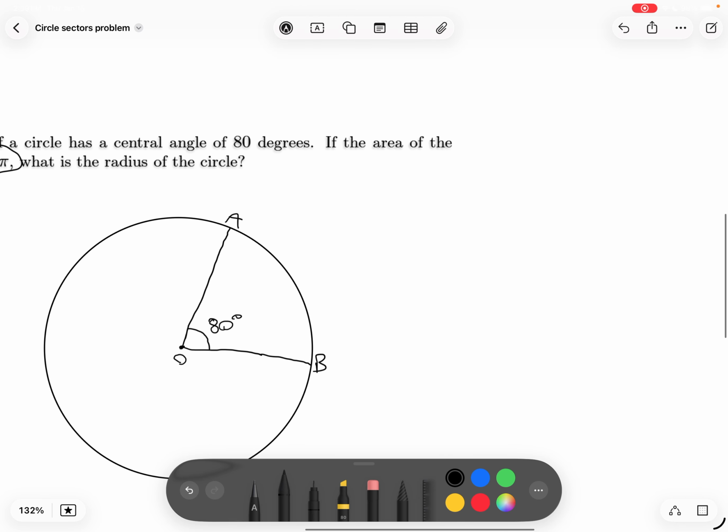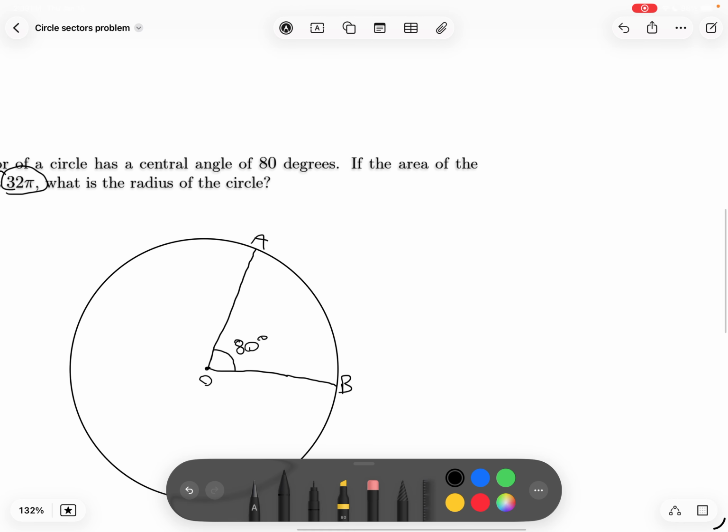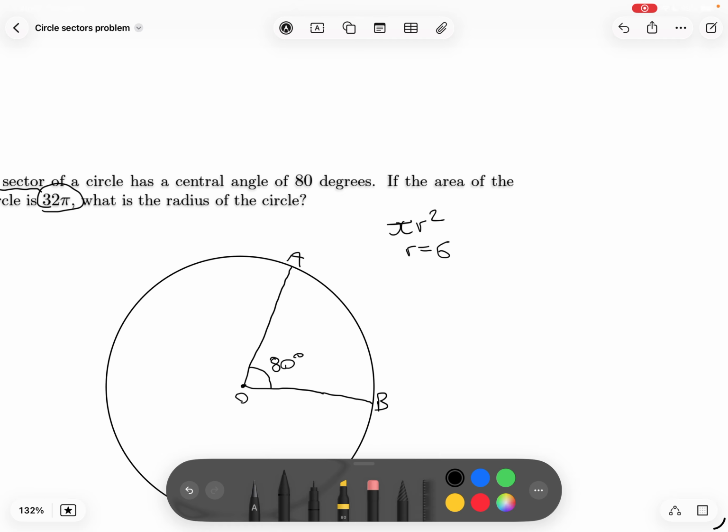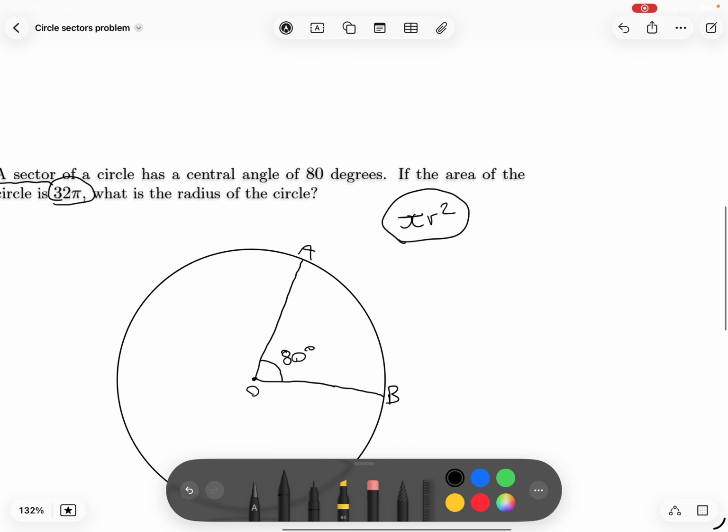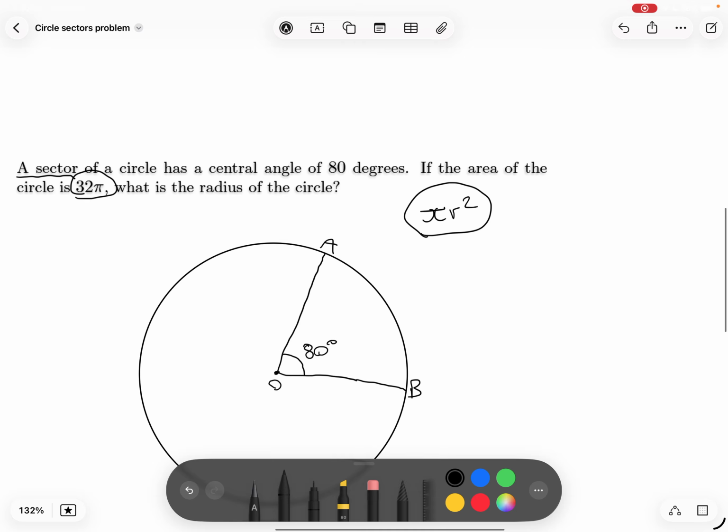This is pretty basic, but since the area of a circle formula is pi r squared, we know that r squared is the square root of 32 pi. That's what we're trying to figure out, because we need to find the radius of the circle. So here's our formula, and we need to plug this into a larger equation that takes advantage of the rules about the sector of a circle.